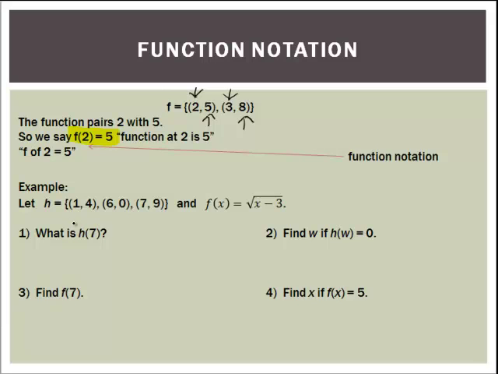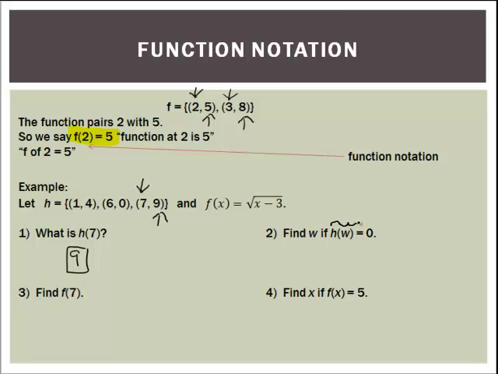So given these two functions, h and f, we want to know what h of 7 is. Well, to find h of 7, you just look at the y value. H of 7 is 9. That means when x is 7, what is y? So, number 2, find w if h of w is equal to 0.